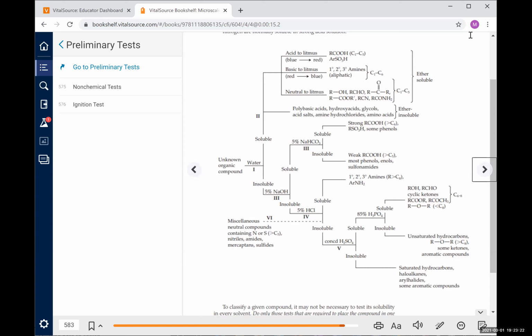The other thing to note is that if we compare amides to acid salts, hydrochlorides, amino acids, amides are generally ether soluble. So by observing the solubility in different solvent systems, you'll be able to in turn determine whether or not you have an amide versus an amine. Now, one thing to note about this branching chart is that each test is done sequentially as you move from left to right on the chart.